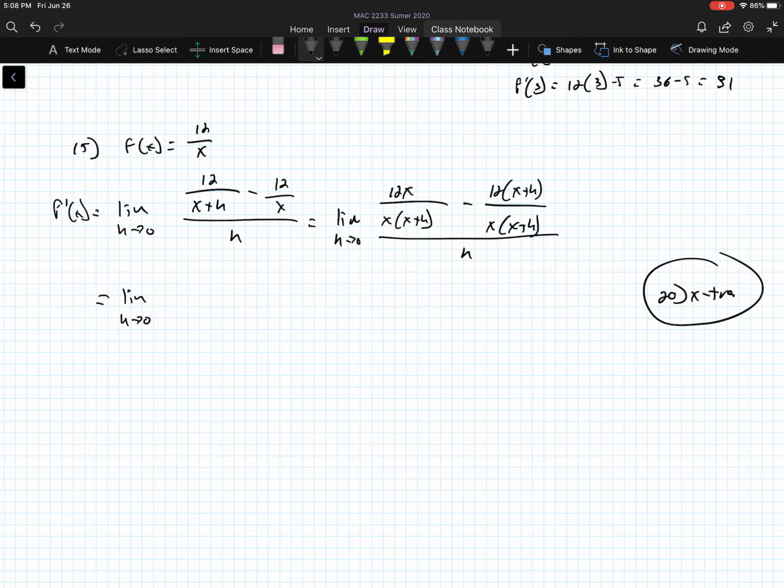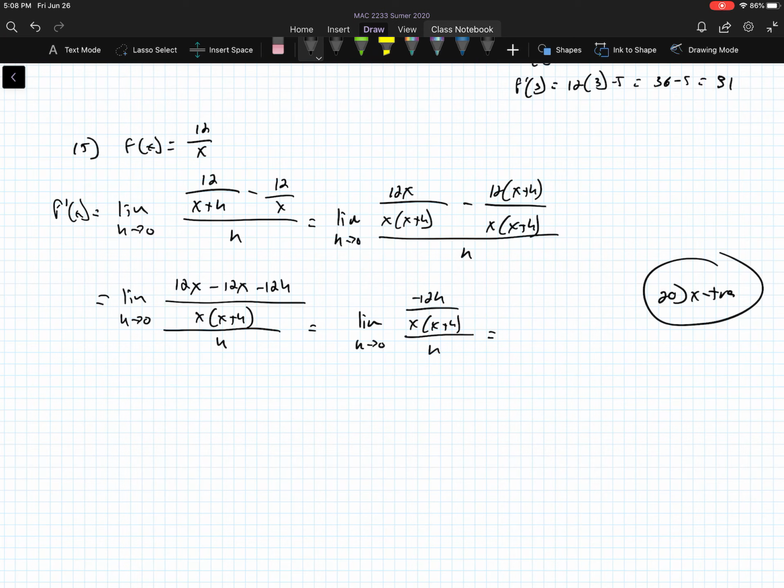So then this will be 12x, right, minus 12x minus 12h, all over x plus h, over h. And so here we're going to end up with negative 12h over x plus h over h.